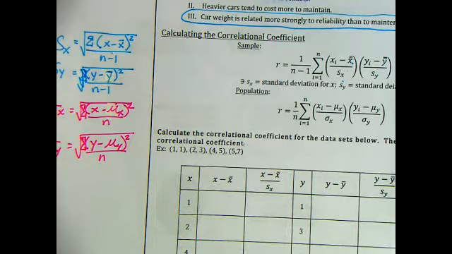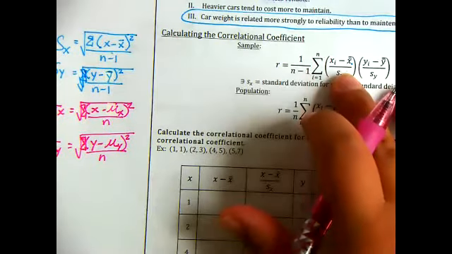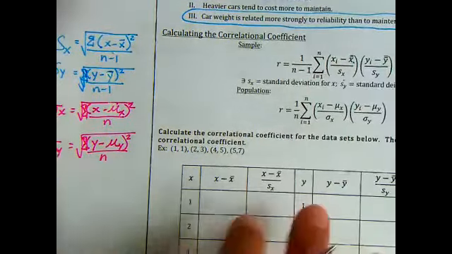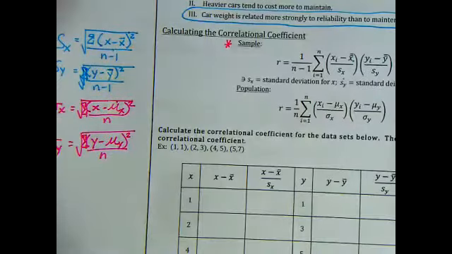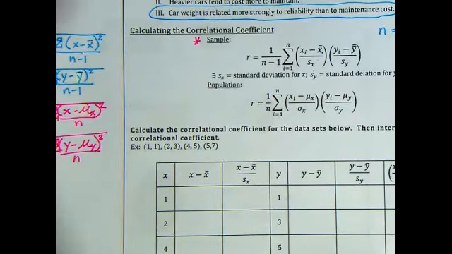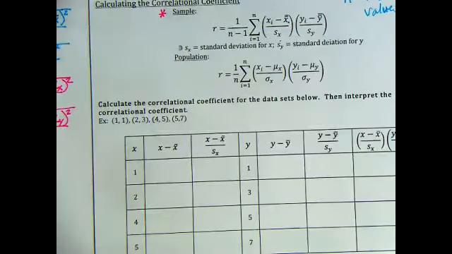And usually we use the sample, because calculating a correlation coefficient, you have collected a set of data, and usually that data is not the whole population. Usually you've collected data from a sample population. So most of the time we're using sample, not population, okay? Because it's impossible for us to collect real data on an entire population.